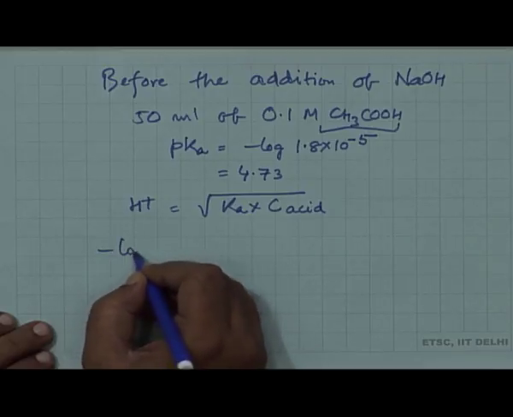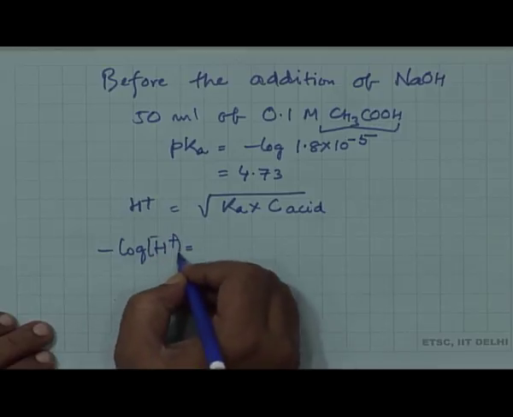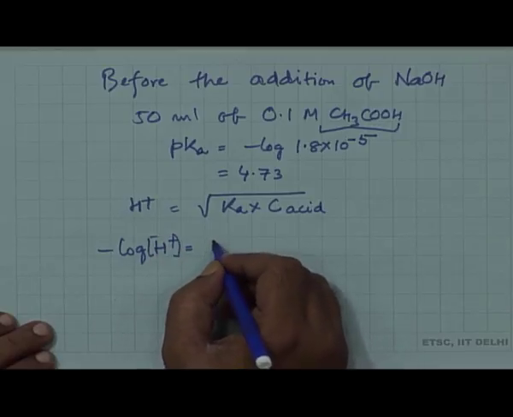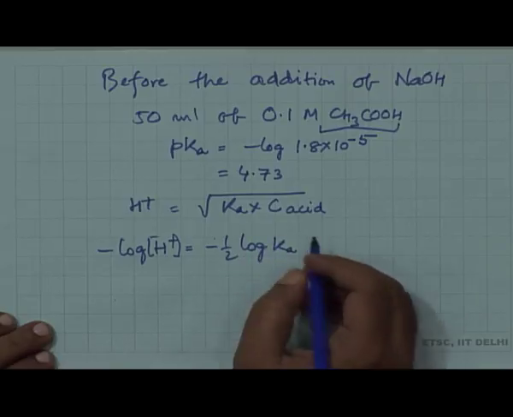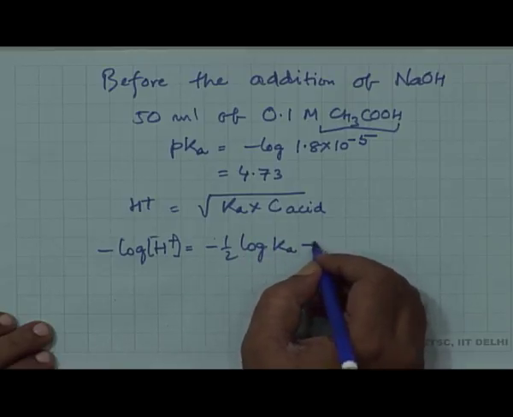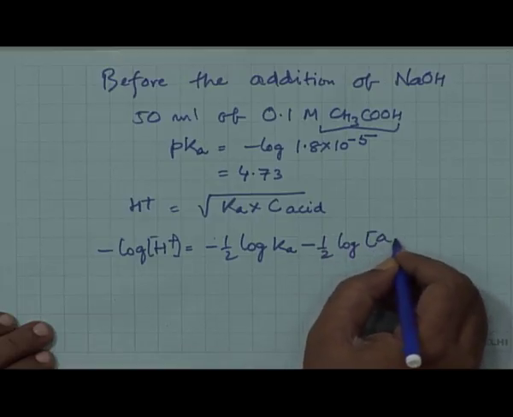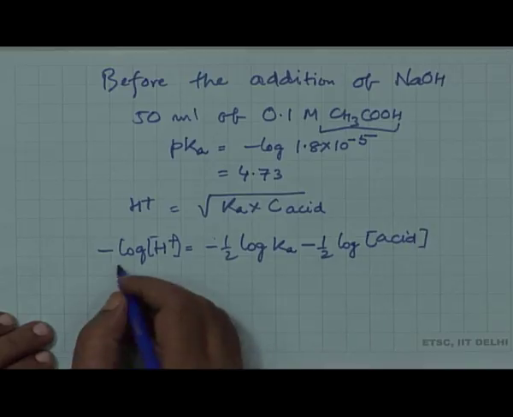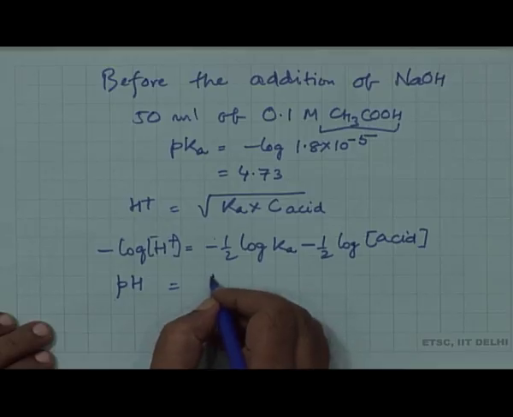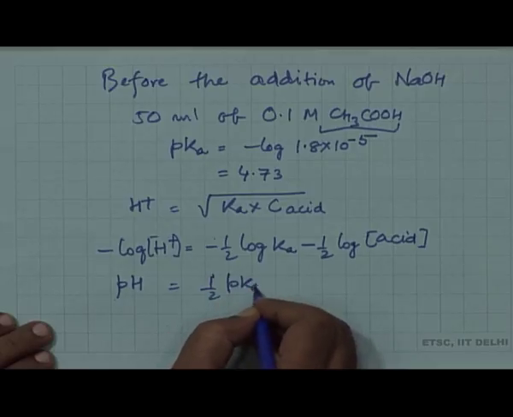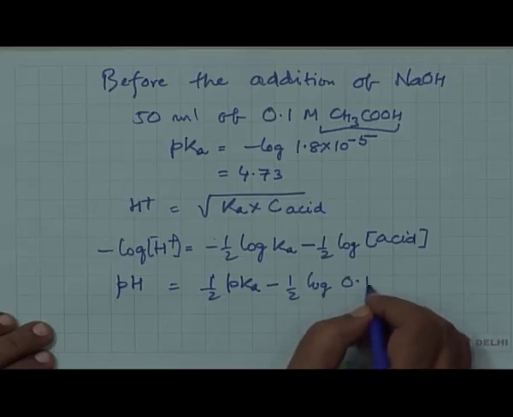So minus log H plus is equal to minus half log Ka minus half log of the acid concentration, and minus log H plus is pH, so pH is equal to half pKa minus half log 0.1 molar.